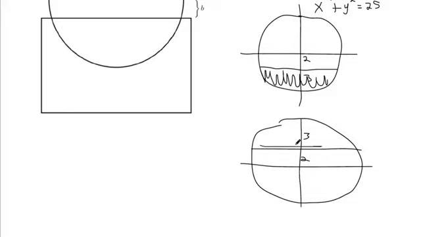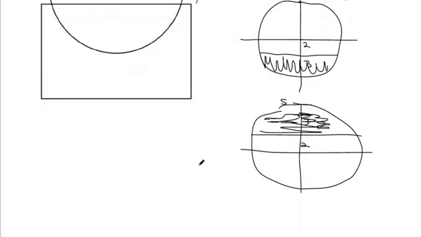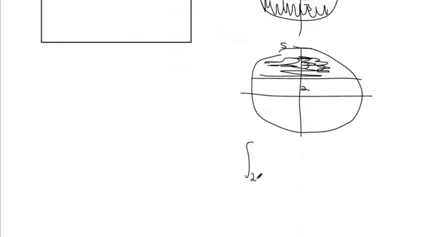So we want to come up with a function for the width and for the depth of this region. Since they tell us the limits are with respect to the y-axis, going up and down, you could flip this again, rotate it, make it the x-axis, but we can just integrate with respect to y. And the weight density of water is 9,800.